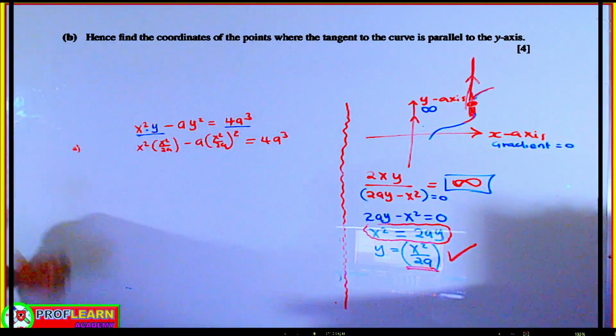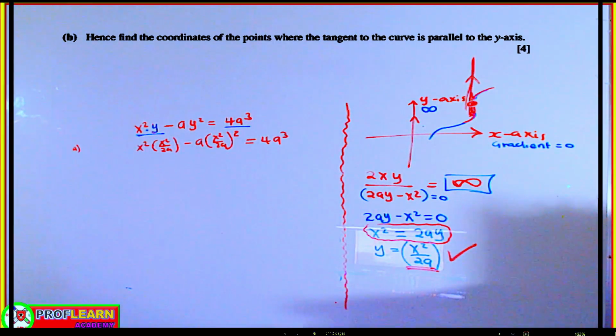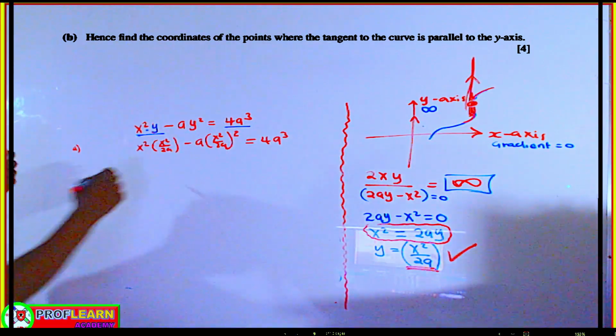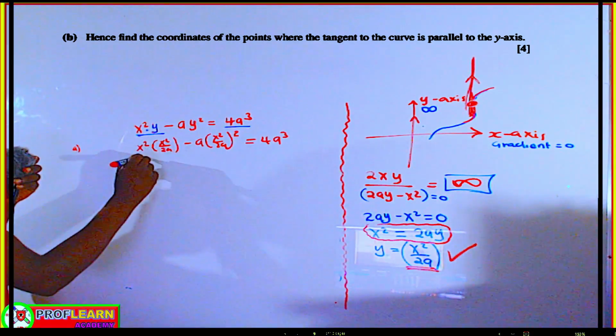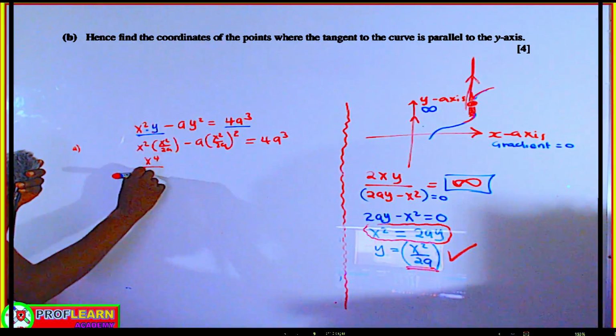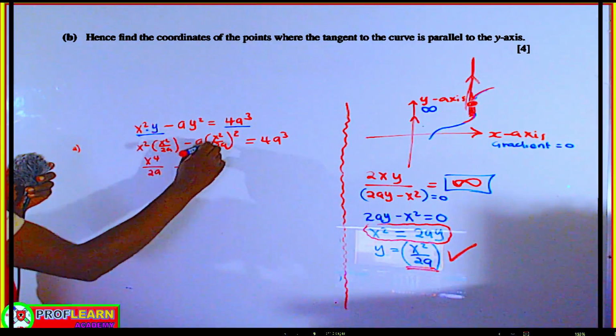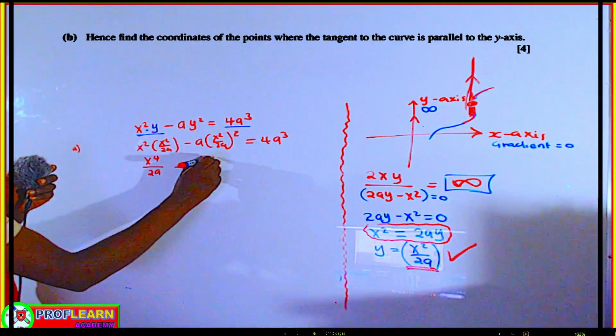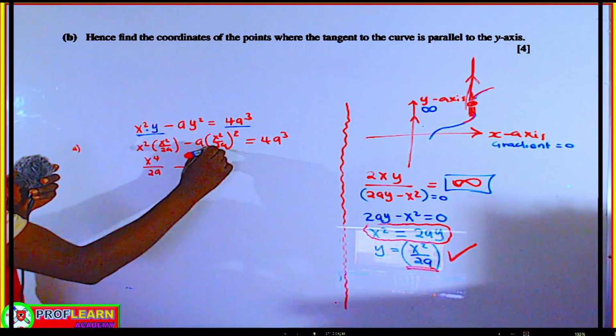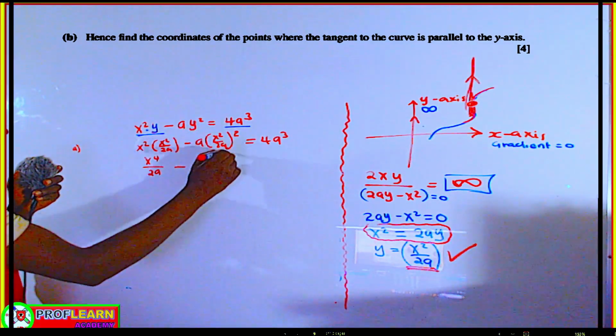Let's see what we are going to get at this given point. Once we have that, we can simplify this further and say this is going to be x power 4 over 2a minus x power 4 over 4a squared.